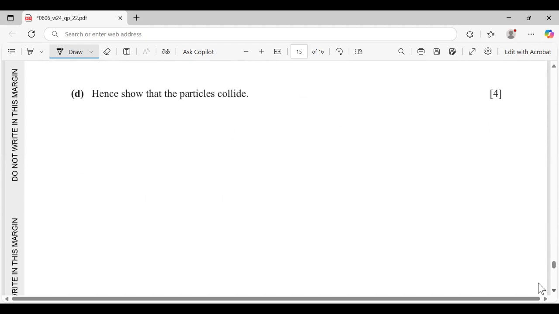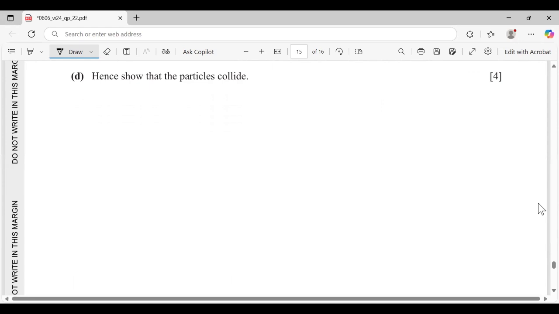Next, part D: show that the particles collide. To show the particles collide, we need to find if there exists a time t when their position vectors are equal. So the position vector A in times t equals the position vector B in times t.